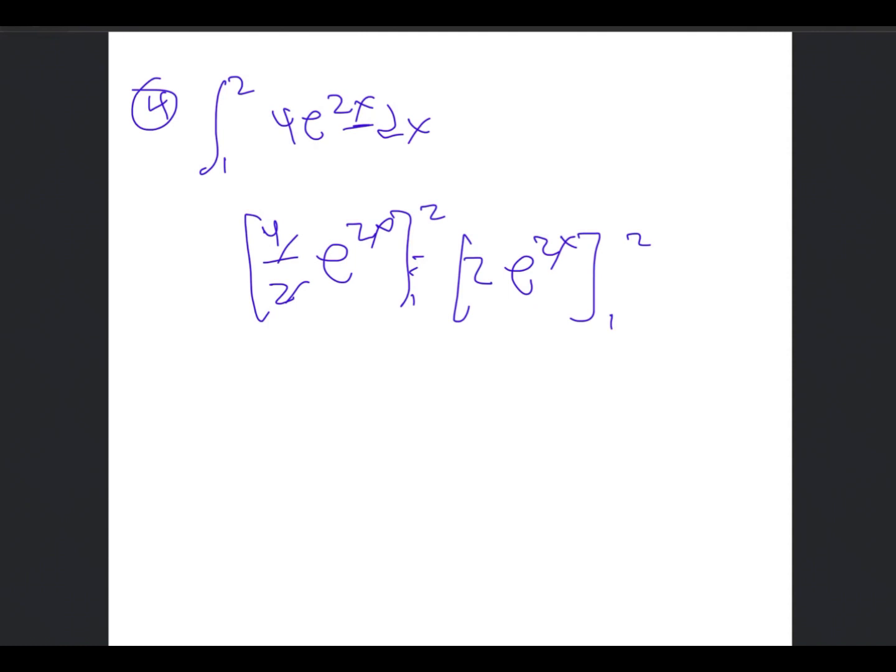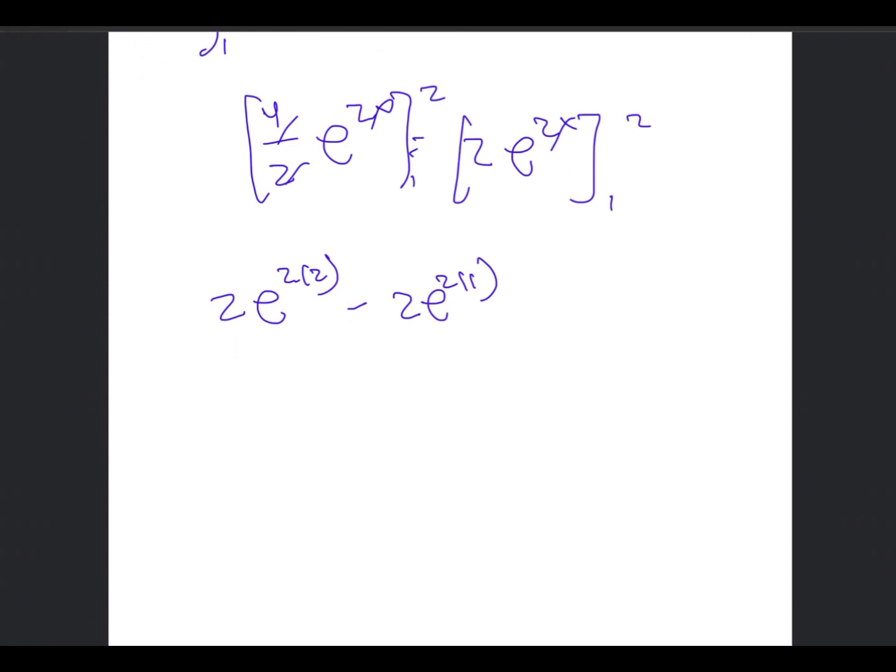From there, what you can do next is your evaluation, and therefore you are going to get 2 e exponent 2 times 2 minus 2 e exponent 2 times 1.